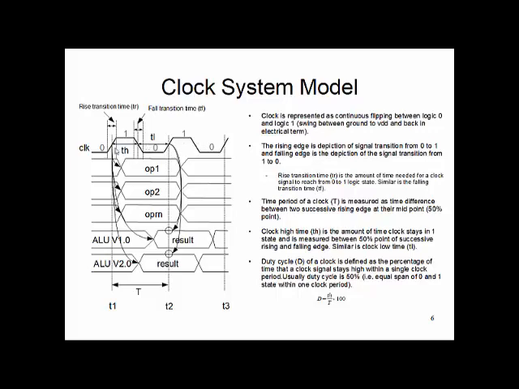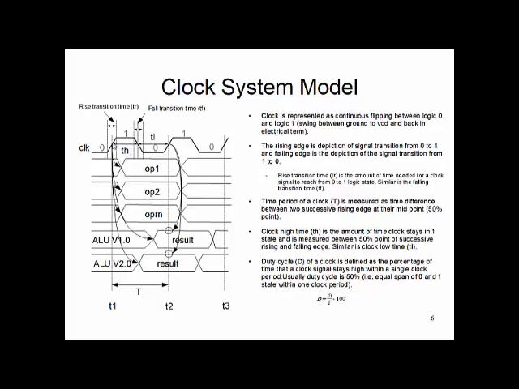In reality, it is not even this clean. But the point is, from logic 0, the electrical signal will take some time to go up to logic 1, and then it will take some time to go down from logic 1 to logic 0. If we look at the 50% point of the trapezoid rising edge, 0 to 1, or falling edge, 1 to 0, and measure this time distance, that's your high time.